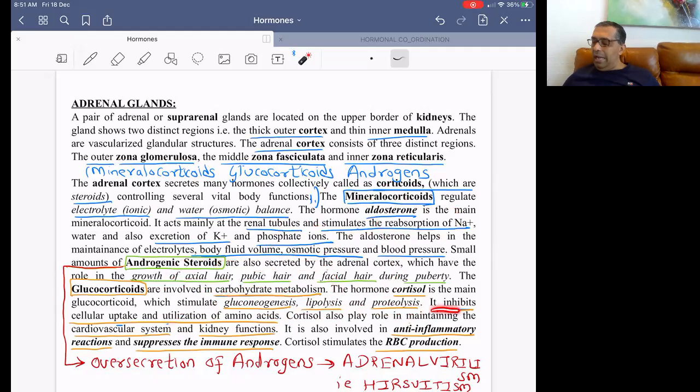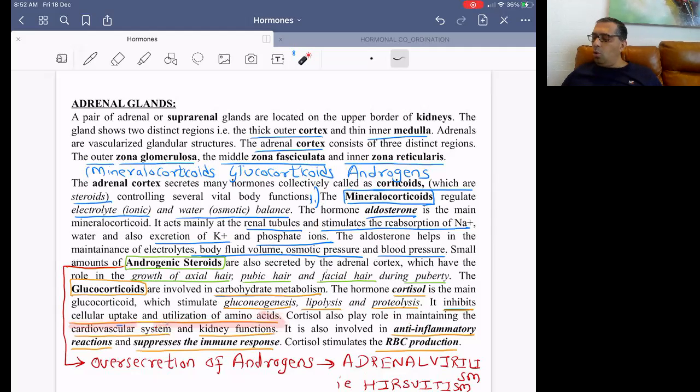Cortisol inhibits cellular uptake and utilization of amino acid. तो आपके सेल्स में अमाइनो एसिड आते नहीं है and amino acid does not get converted into protein, rather amino acids are broken down into, if you remember, pyruvic acid, and pyruvic acid will enter the Krebs cycle and produce energy. तो सेल्स का अपटेक ऑफ अमाइनो एसिड ही नहीं होगा, which means protein synthesis कम हो जाएगा and all the amino acids become pyruvic acid, enter Krebs cycle and produce energy.